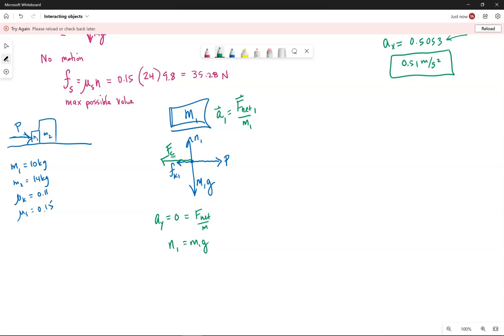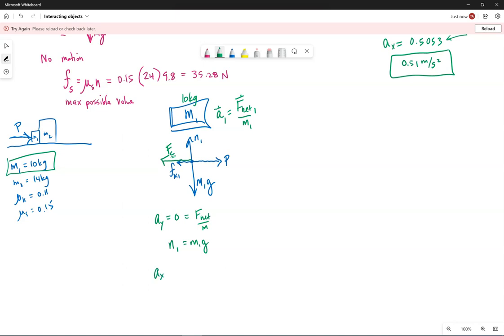So we still end up with this relationship, in this case, that the normal force is equal to mg. This normal force will have a different value than the previous one because we're now talking about a mass 1 of 10 kilograms instead of the bigger mass of 24 kilograms.